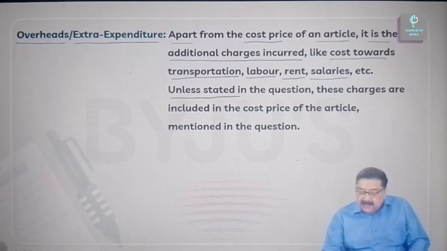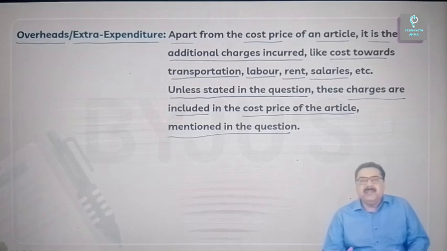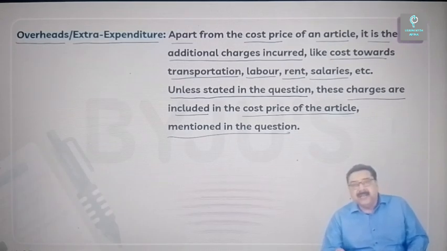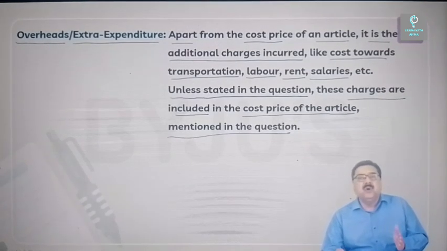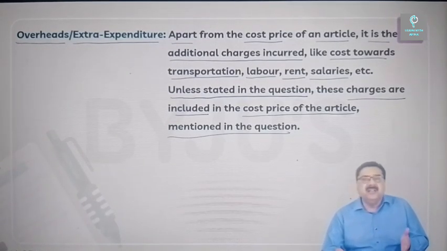Unless stated in the question, these charges are included in the cost price of the article mentioned in the question. So whenever a question suggests that this is the cost price of an item, it will include the overheads or extra expenditure incurred on that article. Unless it is explicitly stated otherwise, that so much expenditure has been incurred towards transportation, rent, salaries or labor.